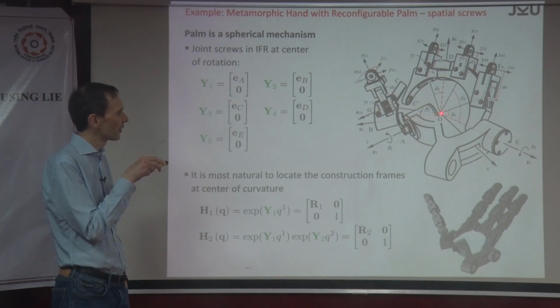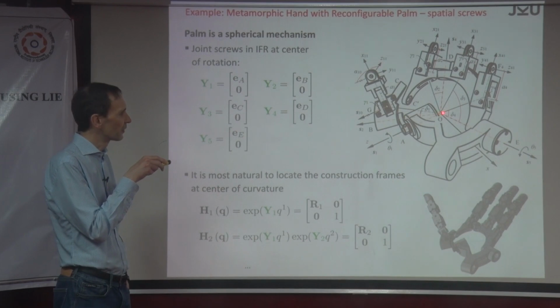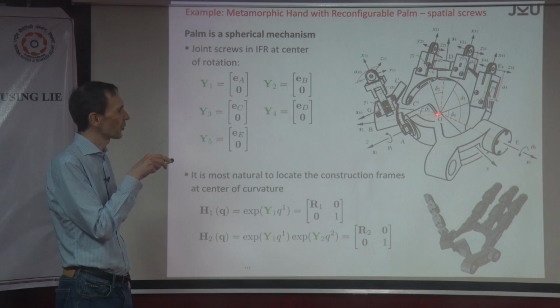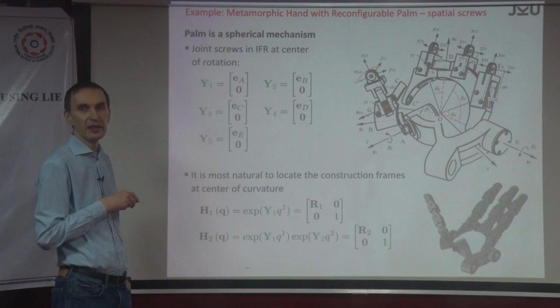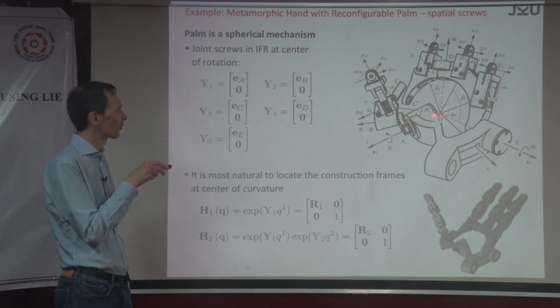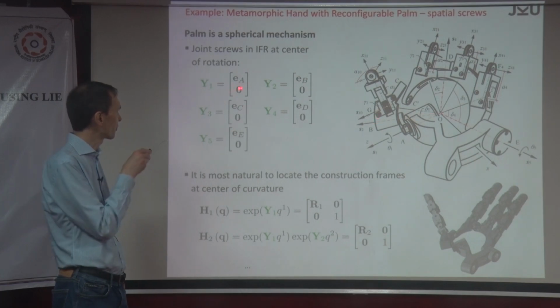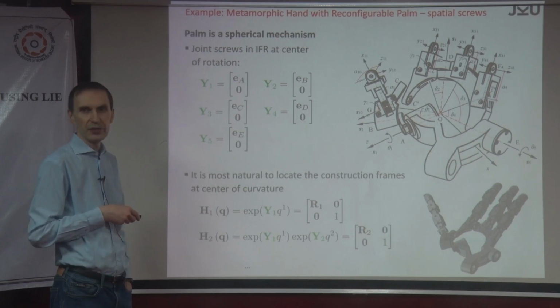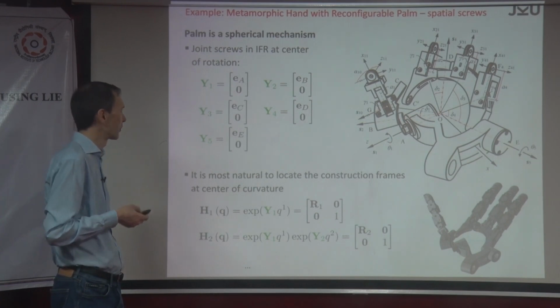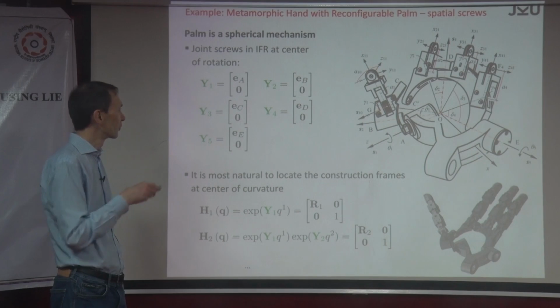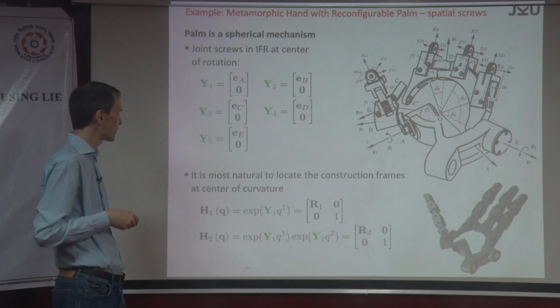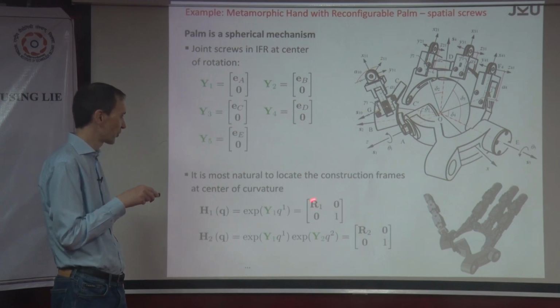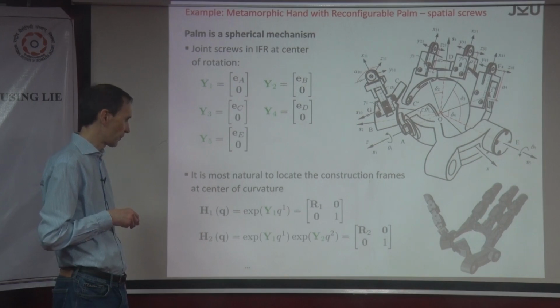All the joint axes pass through the origin of the space fixed frame, which means that the displacements are 0. Or you could have a displacement vector parallel to the axis, so the cross product would vanish. This simplifies the expressions. The screw coordinates all have 0 components for the translational part, and the homogeneous matrices reduce just to the rotations, and that's it.